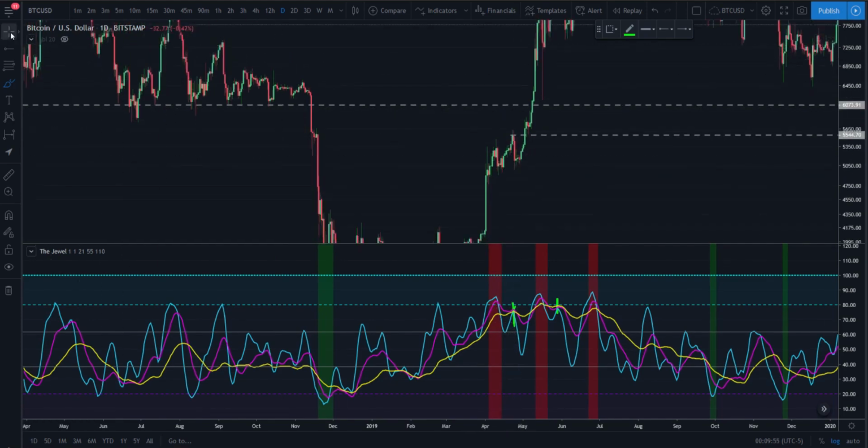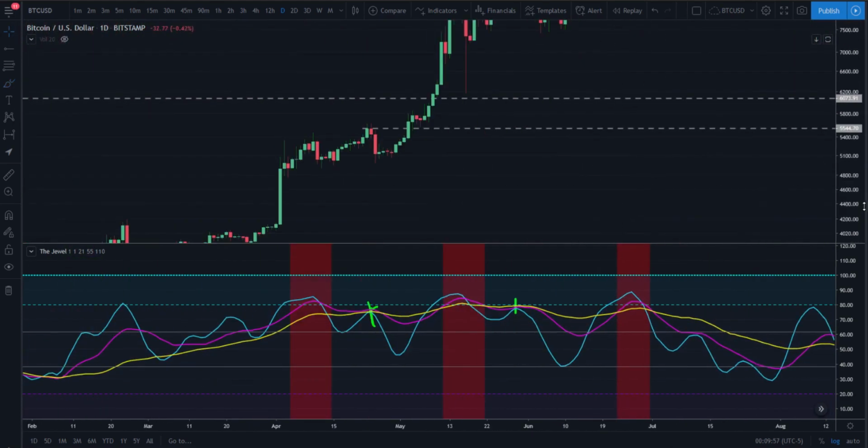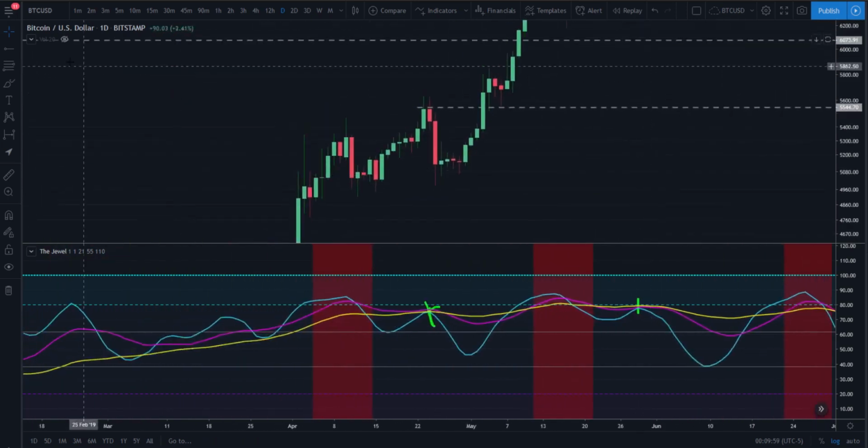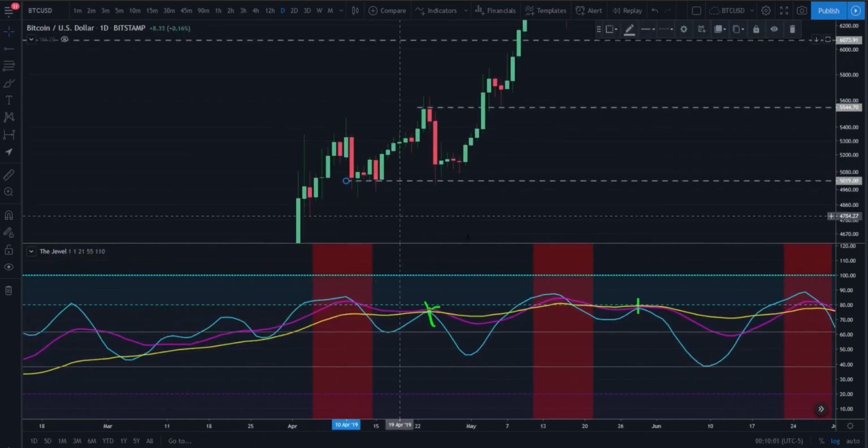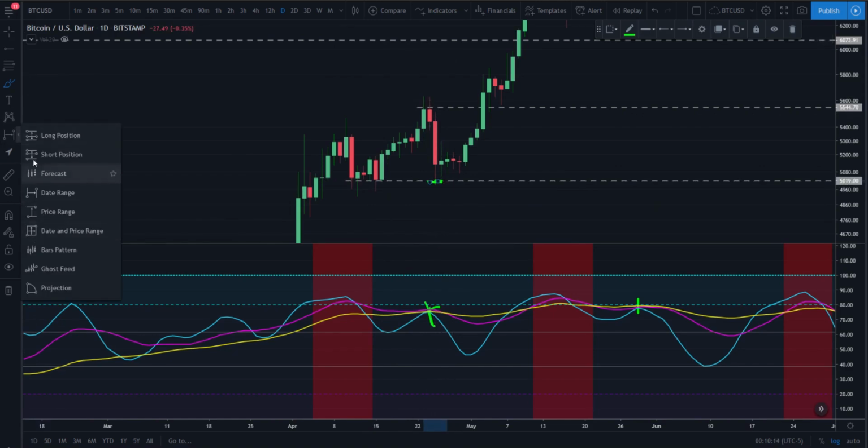And not only that, but if you look at the levels themselves, your first target would be the previous swing low. So yes, it got hit. But I'm pretty sure it's a 1-1 risk reward.